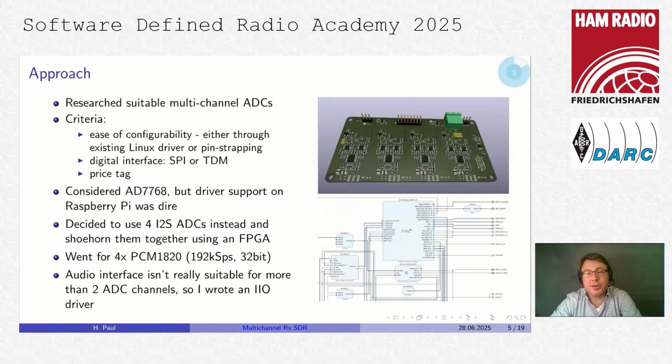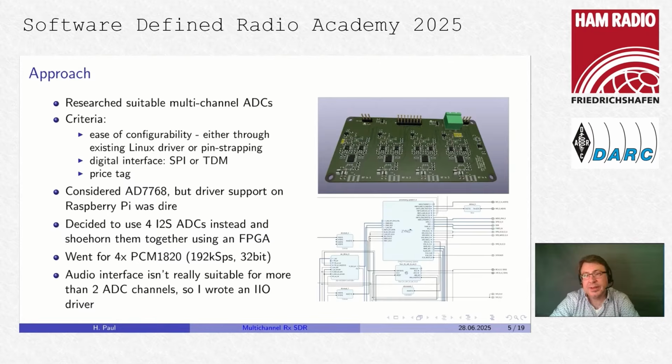And at the core of this receiver, of course, is the ADC. And so I was looking around, what ADC could I use? I was looking at multi-channel ADCs, which have sometimes rather complicated interfaces to interface with the Raspberry Pi, for instance. So my criteria were, apart from the digital interface, the ease of configurability.